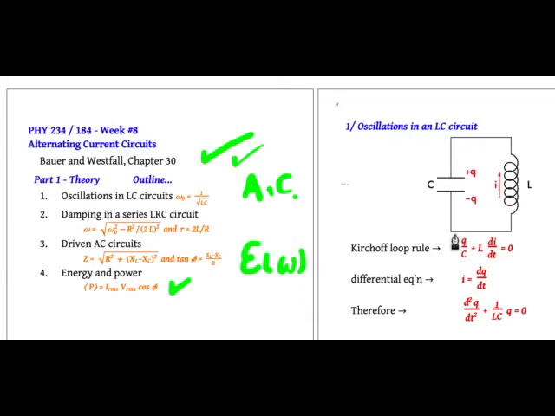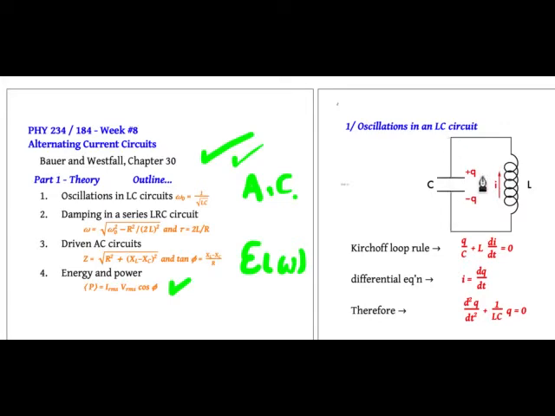All right, so now we're going to go around the circuit starting at this point in the clockwise direction. So the potential change across the capacitor, if this is plus Q and this is minus Q, is Q over C.